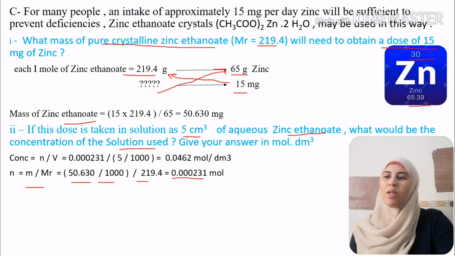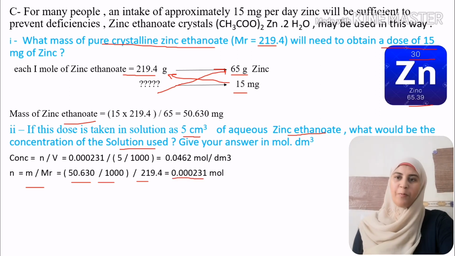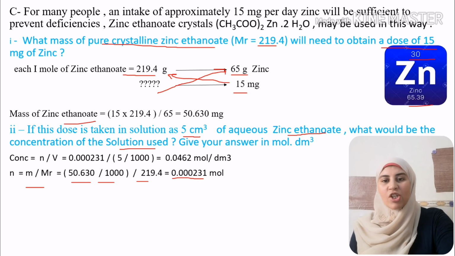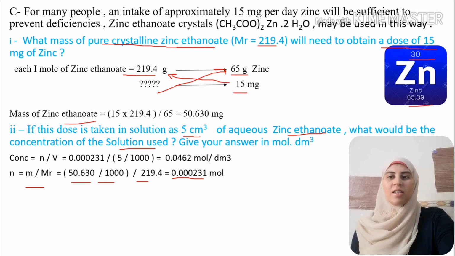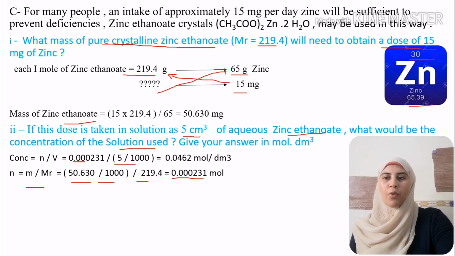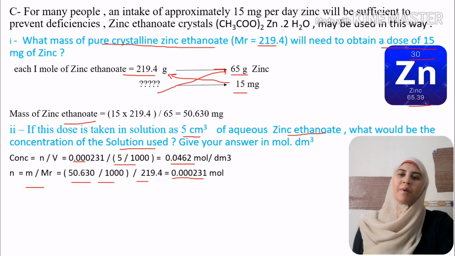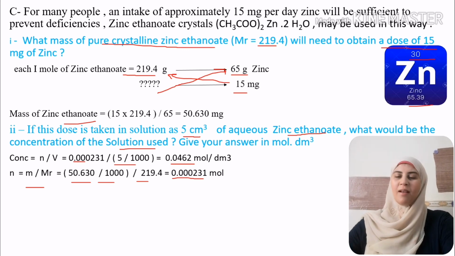So the number of moles is the given value. Concentration C equals n over V. n is the given number of moles. Volume is 5 over 1000. So the concentration is 0.0462 mole per decimeter cubed.